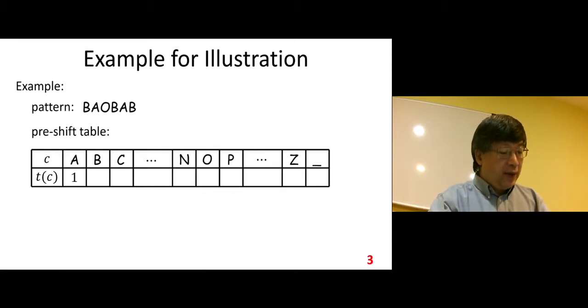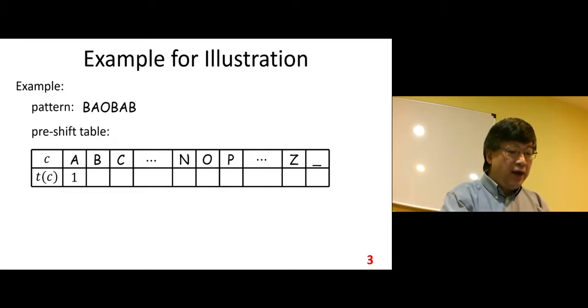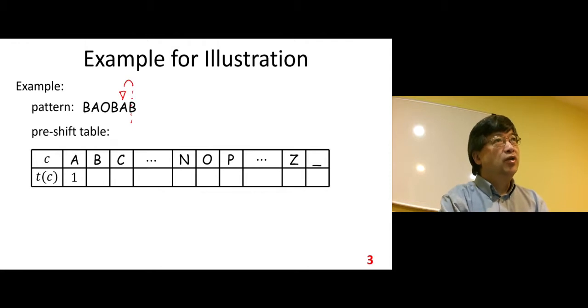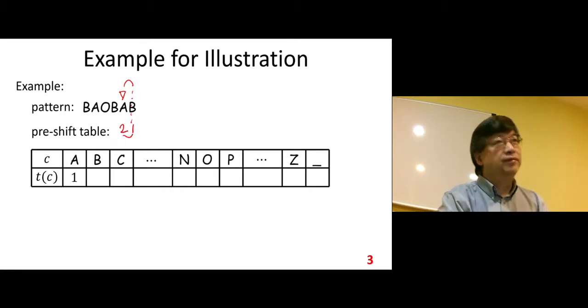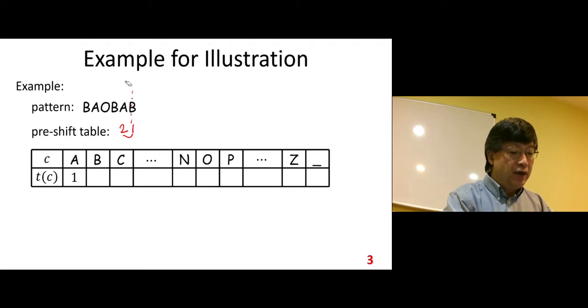Then look at A. What's the distance? This is the rightmost occurrence, and the distance is from it to the last one. You do subtraction on their position numbers. Position number of B is 1, position number of A is 2. 2 minus 1 is 1. So we put the 1 here.